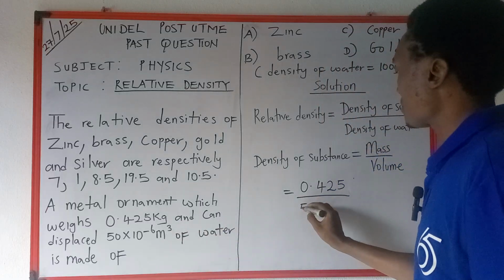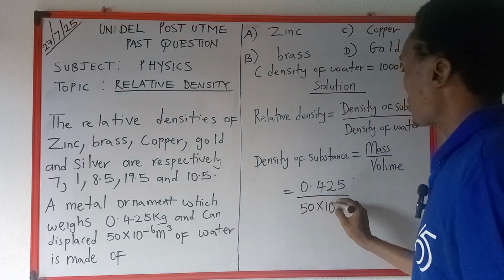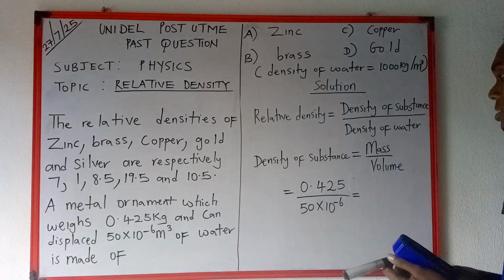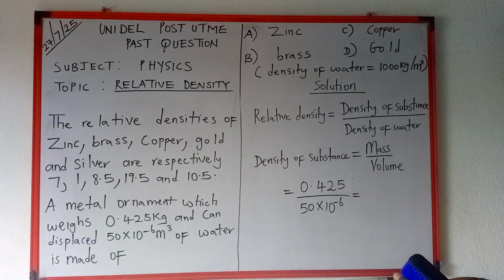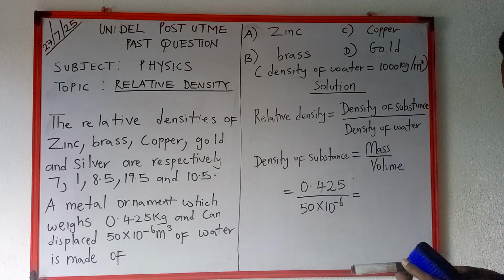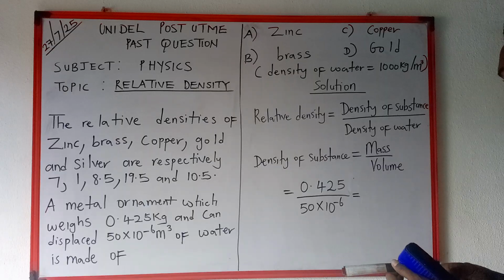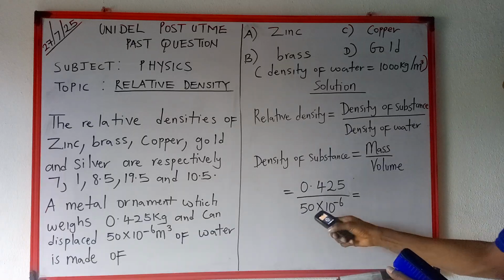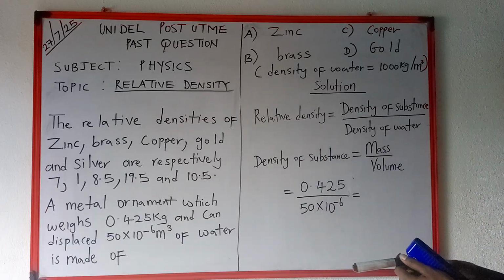So that's the volume. If you have your calculator, let's divide: 0.425 divided by 50 times 10 raised to the power of -6.